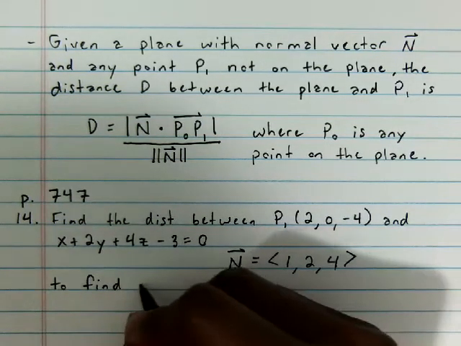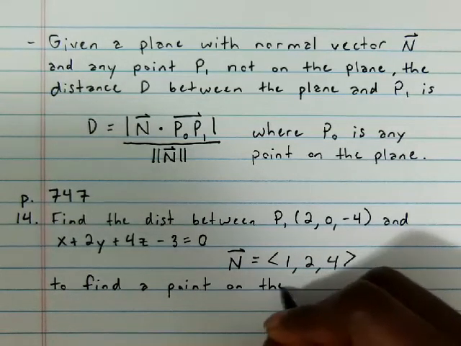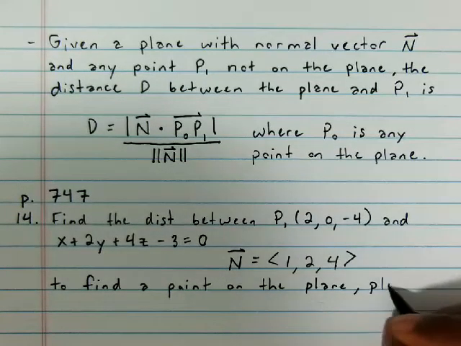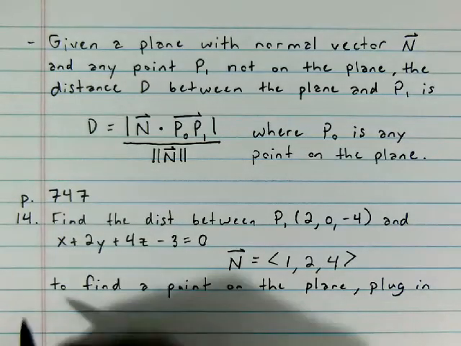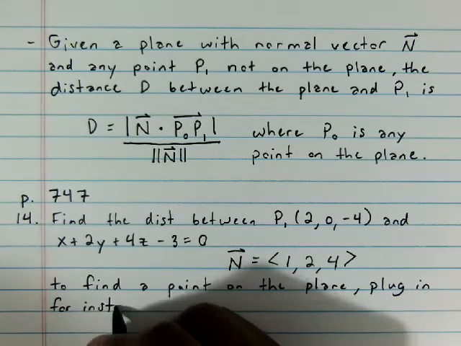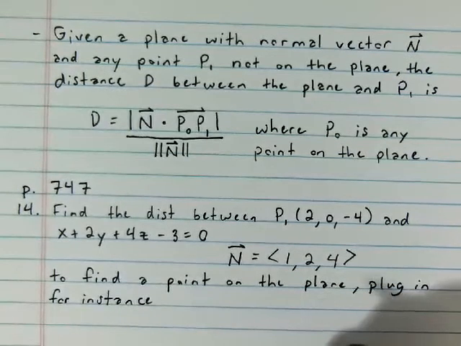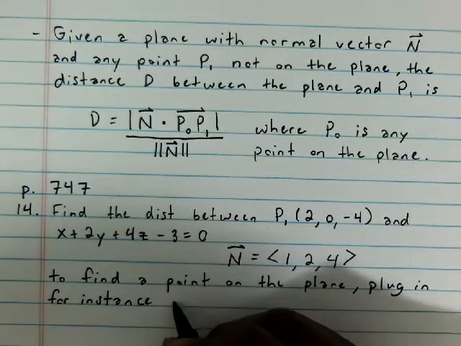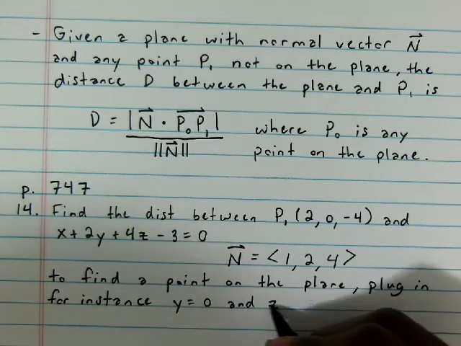So to find the point on the plane, plug in, for instance, because you don't have to plug in 0. I mean, 0 is oftentimes the easiest thing to plug in. For instance, y equals 0 and z equals 0.